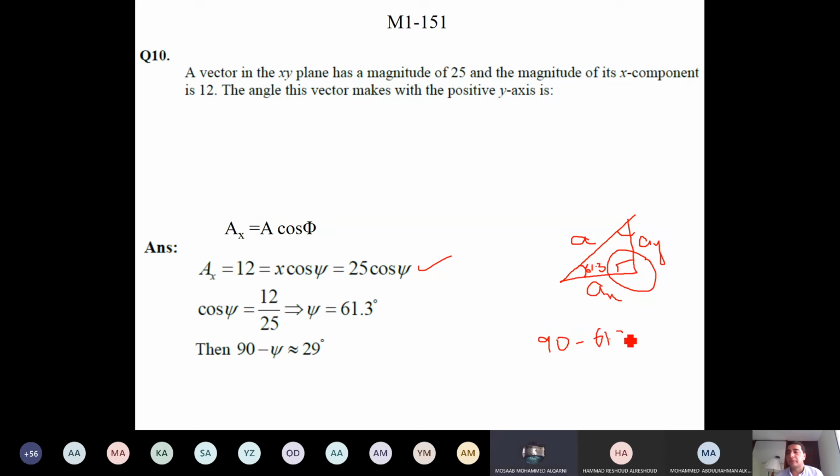That's what you did. And then you will determine this angle with respect to Y, between the vector and the Y component.